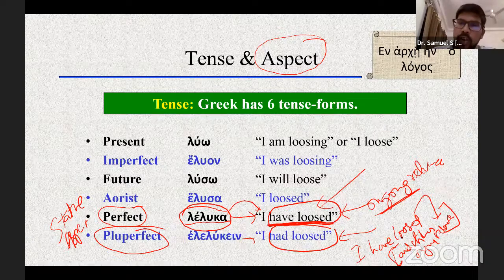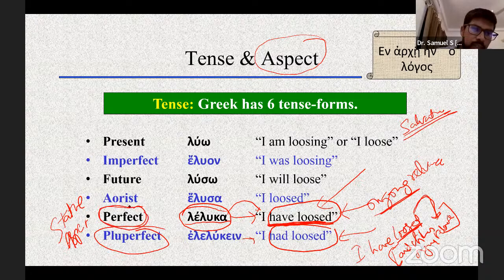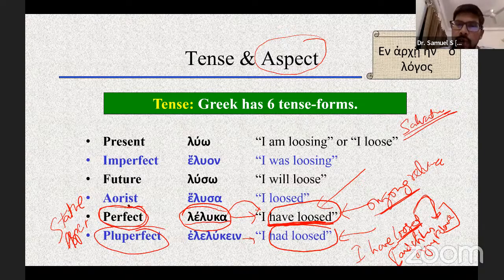The donkey is even now loosed. That could be an ongoing relevance. Many times we see the usage of salvation verbs that talk about salvation being in the perfect. And in the English, when we just see that, we just see you have been saved, right?